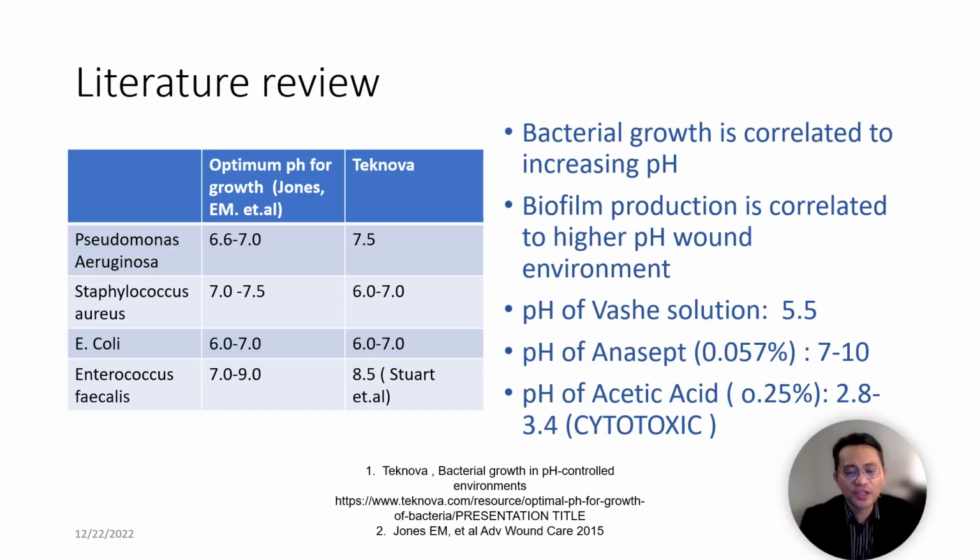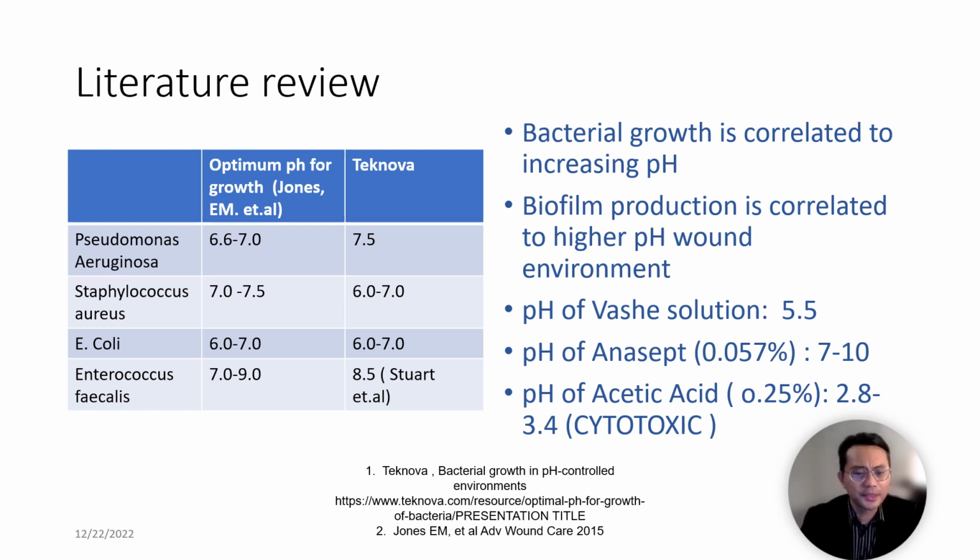Okay, ladies and gentlemen, let's do a literature review about the topic at hand. There are two papers that I was able to take a look at, and there's one thing I can tell you: bacterial growth is correlated with increasing pH.